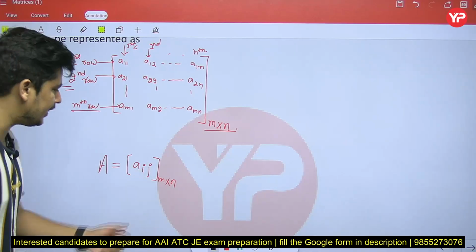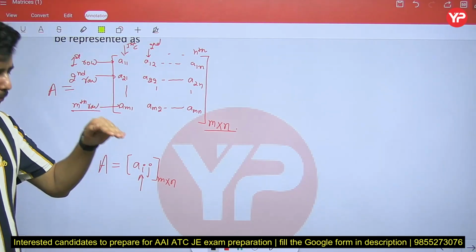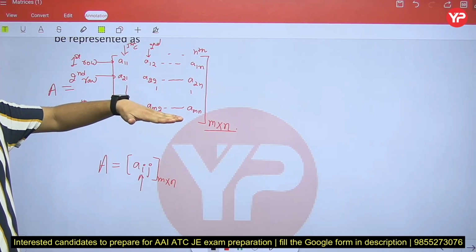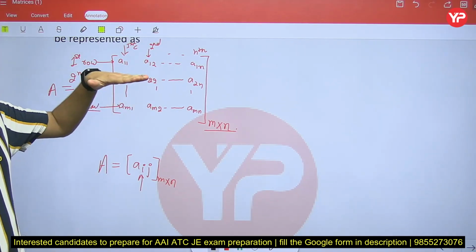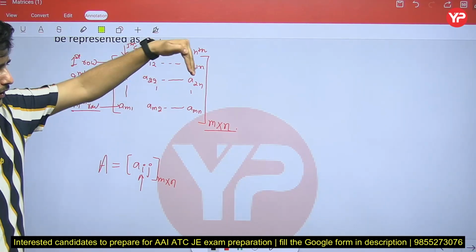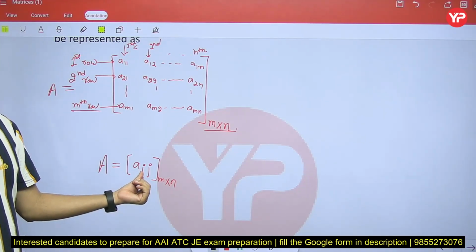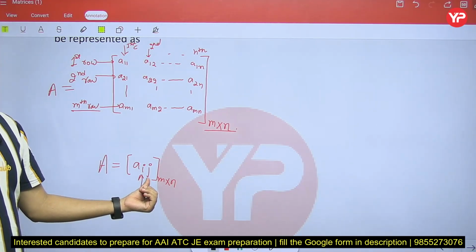In Aij, the i and j represent the position of the element. If I am calculating the first element, of the first row and first column, then the first position i represents the row value and j represents the column value, right?